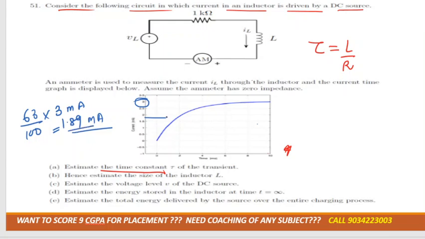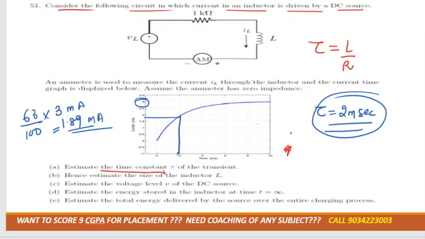So 1.89 is something like this at this point. If we see the time constant from here, then time constant is how much? 2 milliseconds. It is approximately 1.89, so they consider the time constant as 2 millisecond.